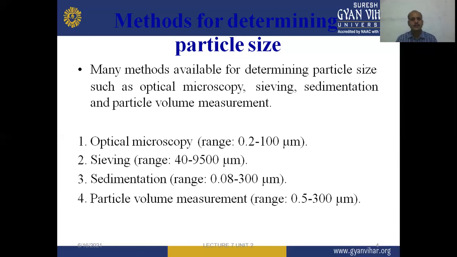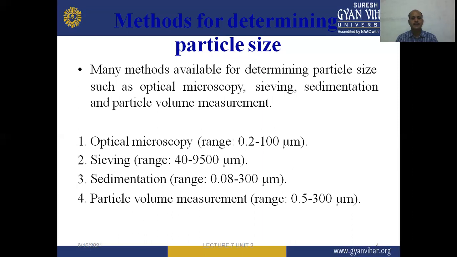The sieving method for particle size determination is applicable for solid powder samples in the range of 40 to 9500 micrometer, coarse particles. It is a very simple method and widely used in laboratory practice for coarse particles.